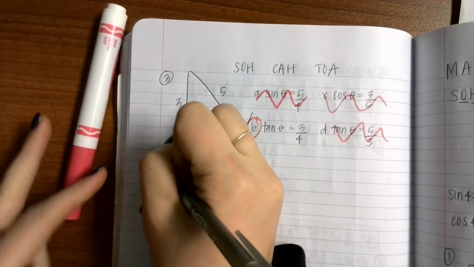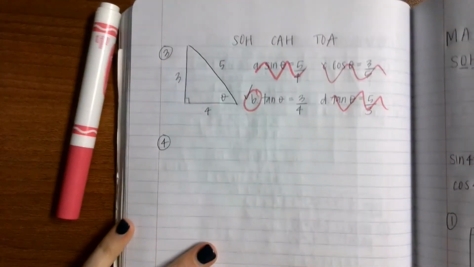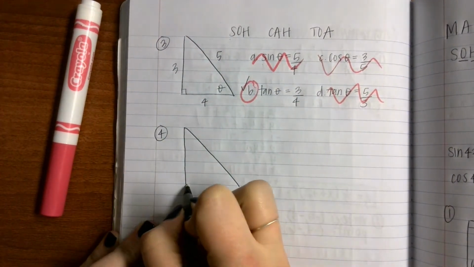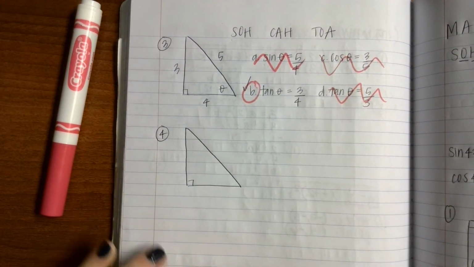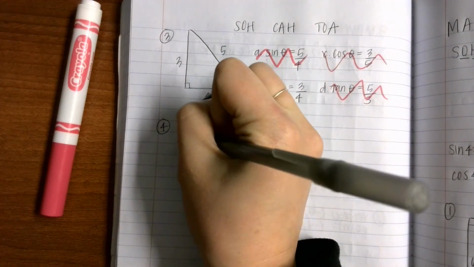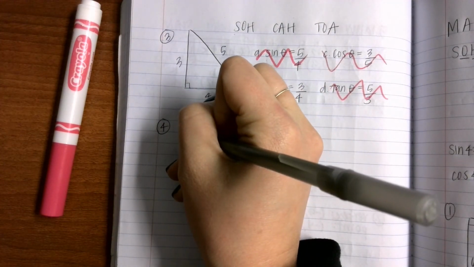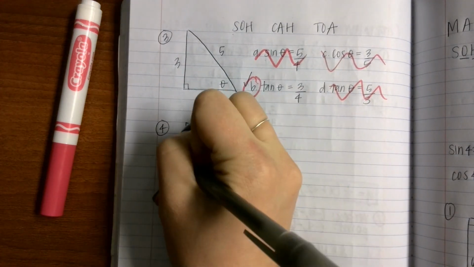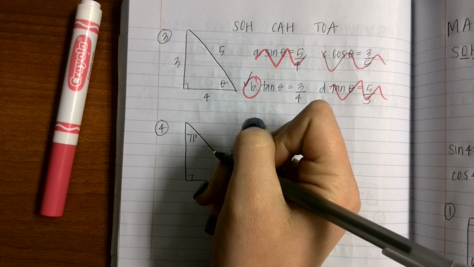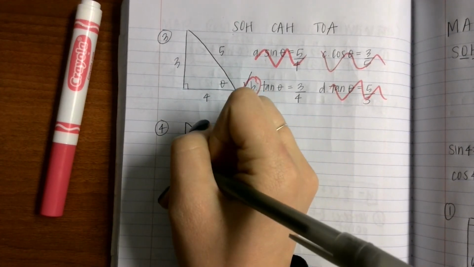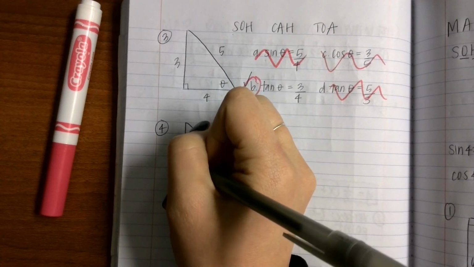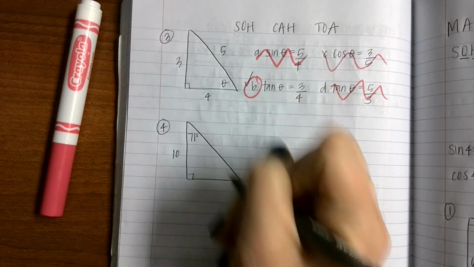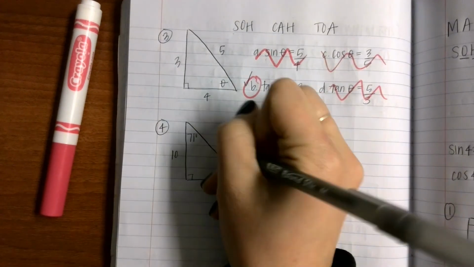I'm going to give you one more to try. Again, don't trip too much if you guys don't understand this. This is a pretty tricky situation. I'm going to give you another right angle, and I'm going to give you 71 degrees, and I'm going to give you 10, 7, and 16.